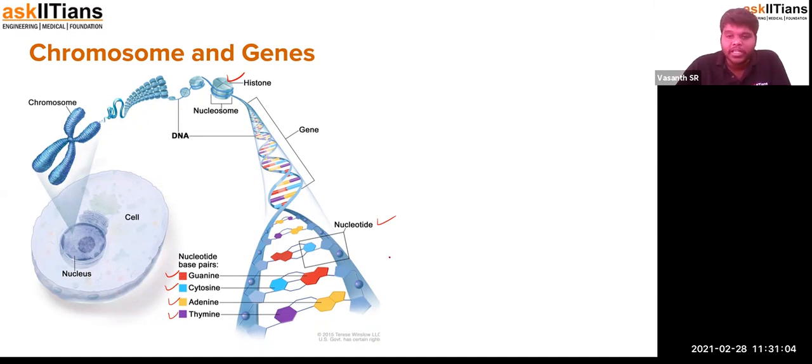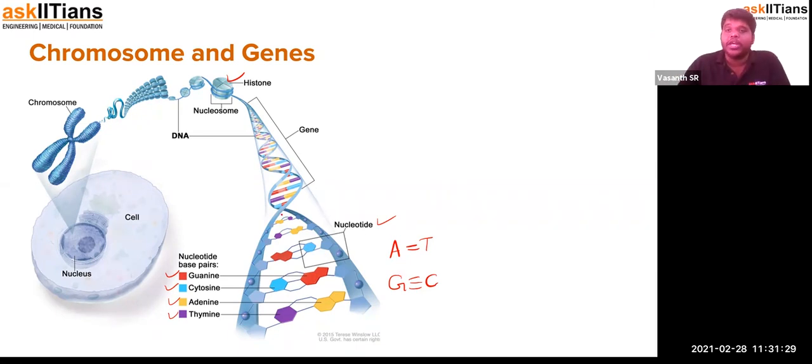So A always bonds with T, and G always bonds with C. So you can see that A and T, and G and C, bond with two different numbers of bonds. I have put different lines, which means A bonds with T with 2 hydrogen bonds, and G bonds with C with 3 hydrogen bonds. So because of their chemical nature, they are already weak.